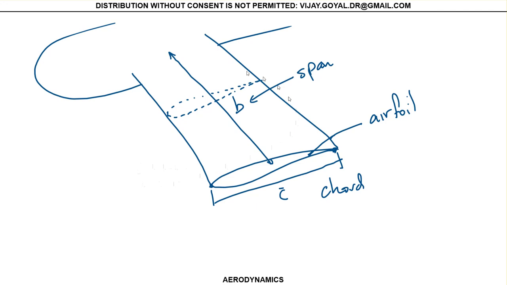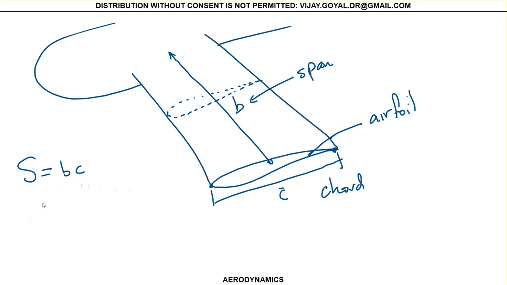And then the area of my aircraft is equal to, okay, if I want to find the wing area, I'm having trouble here with my pen. The area is nothing else than B times C in a rough sense.